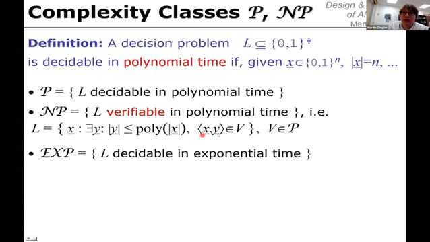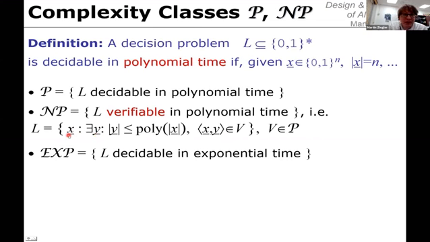So if someone gives you a y, then you verify that the pair satisfies this condition in polynomial time, and then you know by the very definition of L, since there exists such a y, that x belongs to L. That's why it's called a polynomial time verifiable problem.